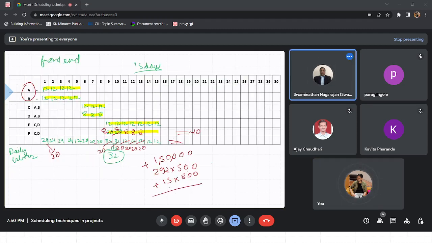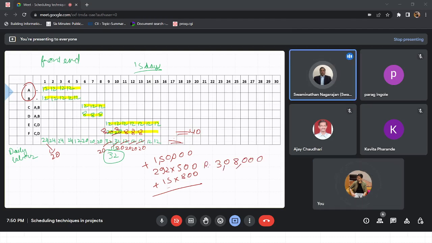So 292 into 500 plus 15 into 800 plus 1 lakh. This brings the cost to 3,08,000.